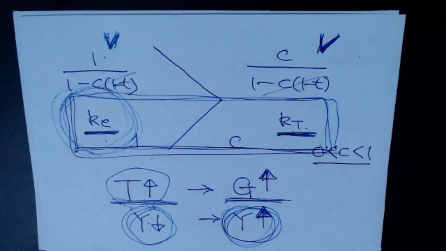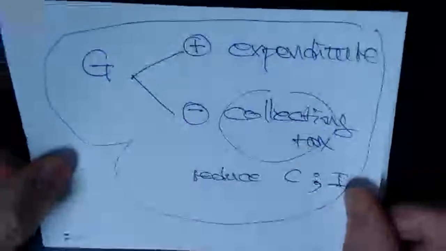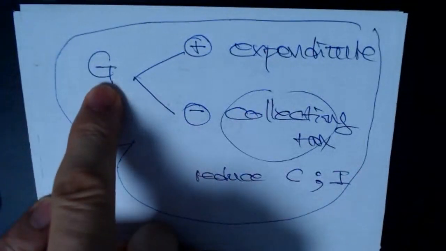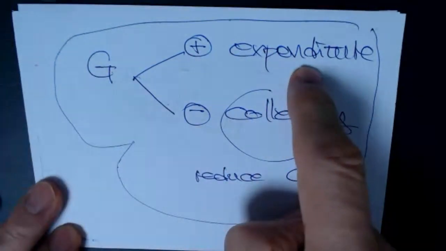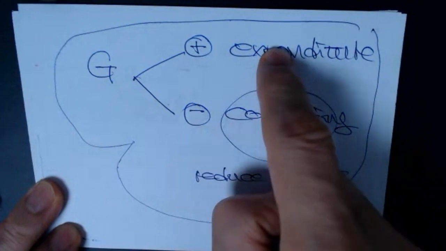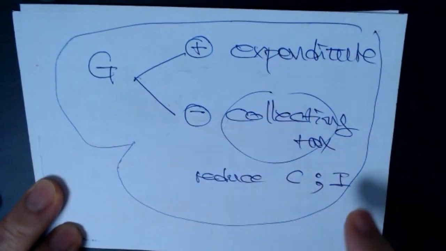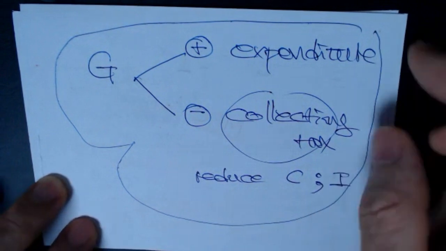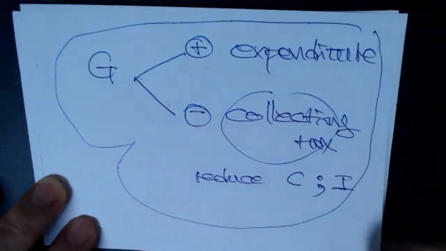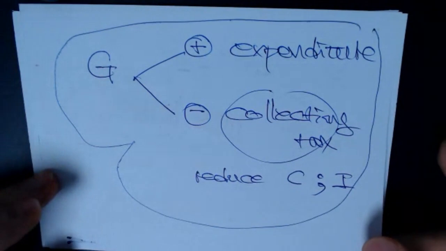Right, so from the first part of this topic today, we talk about this: government spending always has a positive impact, and tax a negative impact. Which one is greater depends on how much expenditure increases or how much tax collection happens.